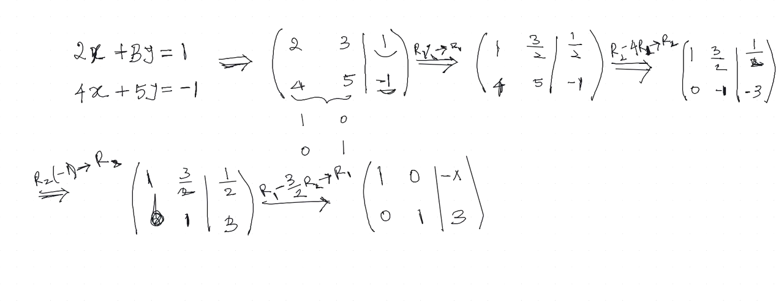You get that? So this tells us x is minus 4 and y is 3. You see, with this procedure you don't need to find the inverse matrix and then multiply all these things; it is done straight away with row operations on the complete matrix.